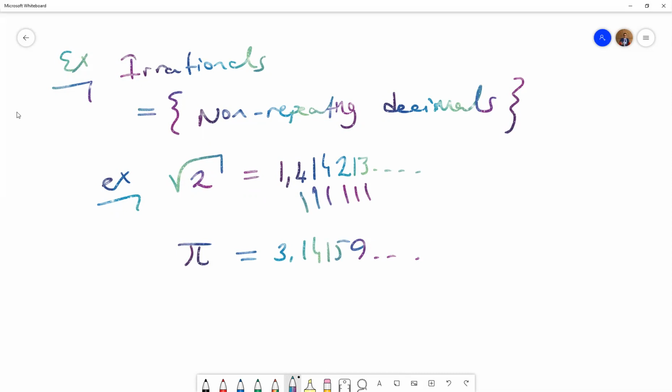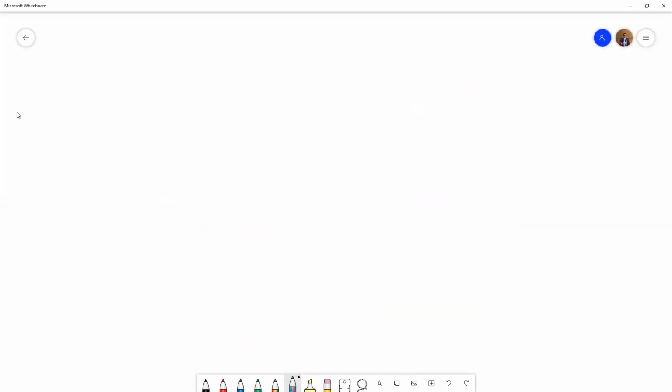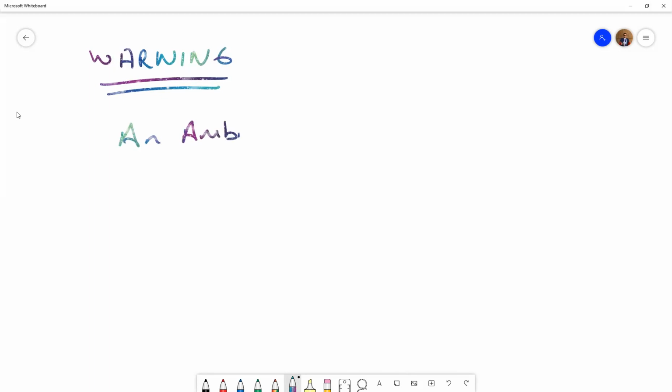And there's a warning and ambiguity for decimals. What is that? Let's write warning and ambiguity of decimals.